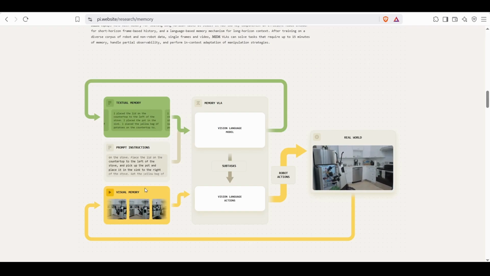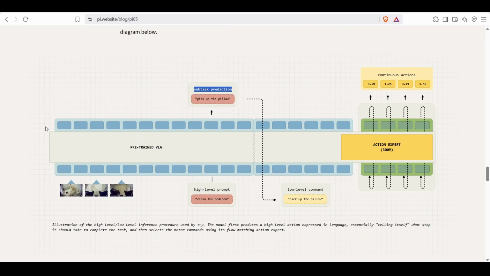Visual memory was a bit different, a bit trickier to implement. So what visual memory did was it took this pre-trained vision language model backbone. When you have vision language models, there's a vision part of the model and a language part of the model. And the vision part of the model, as you might have guessed, is what processes the images.